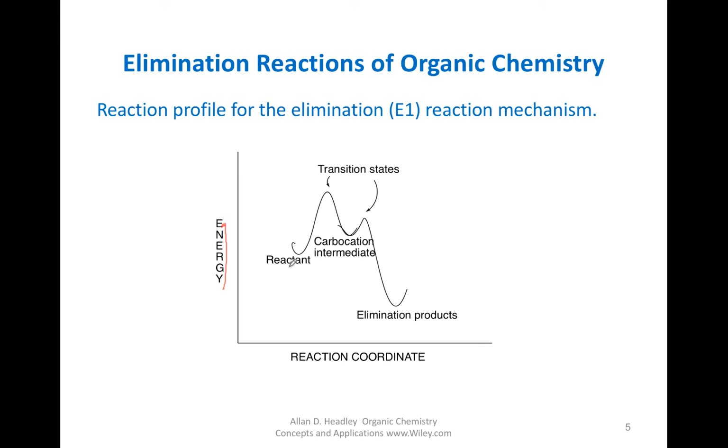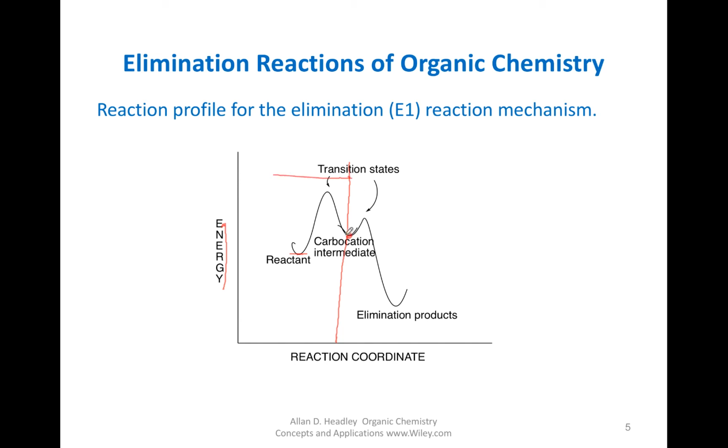So we're trying to monitor the progress of the reaction, and we're trying to see how the energy of the intermediates changes. So we start off here with the reactant, the organic molecule with the leaving group. As we said, if it's a good leaving group, the leaving group leaves to form a carbocation right here. So this represents the first step of the reaction.